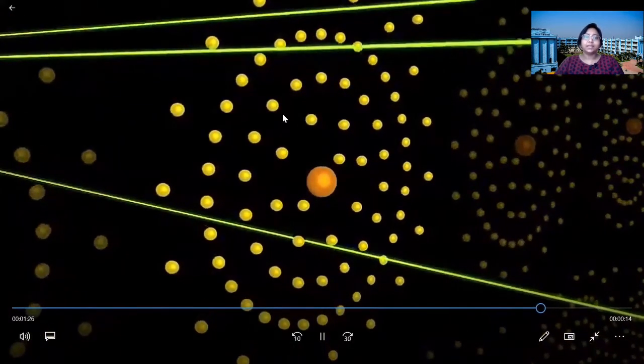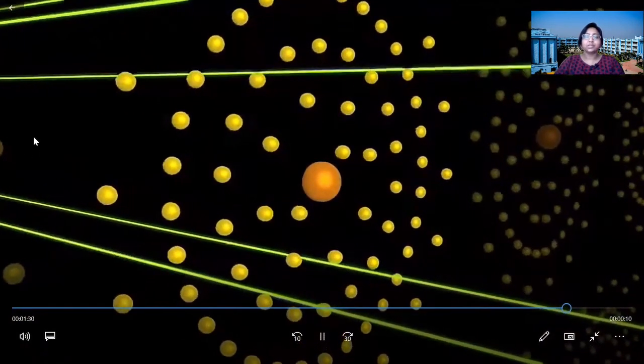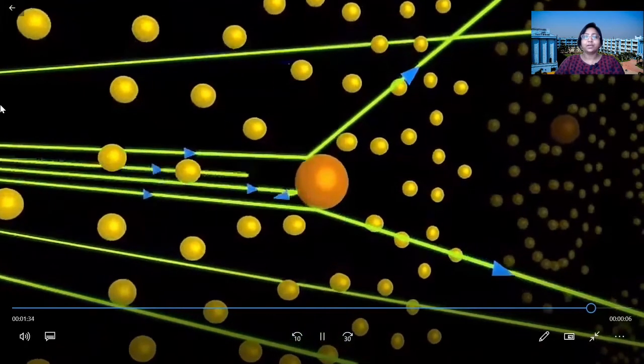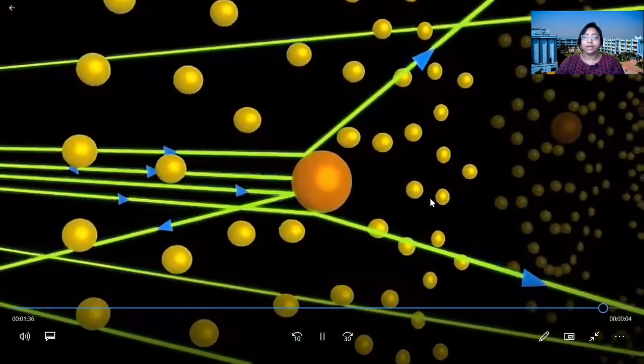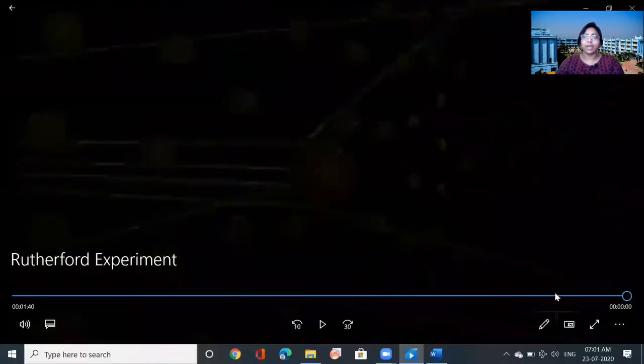So basically these are unexpected results, because if there were nothing there, all the particles should pass through. But there is a nucleus. That is why a few of them go back.